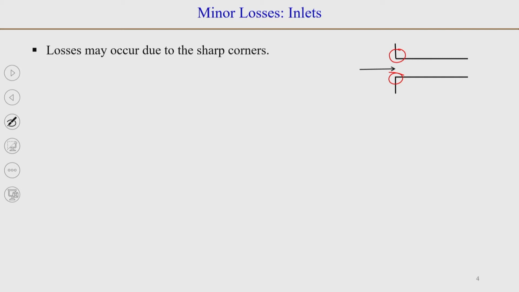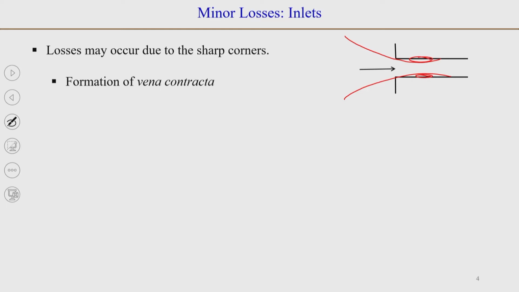So, it is like you have a large reservoir and suddenly the flow area decreases here, and if you plot the streamlines, you may get some recirculations in this.